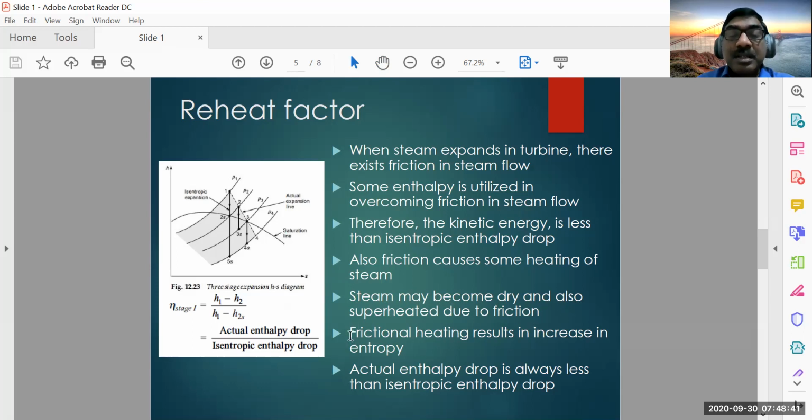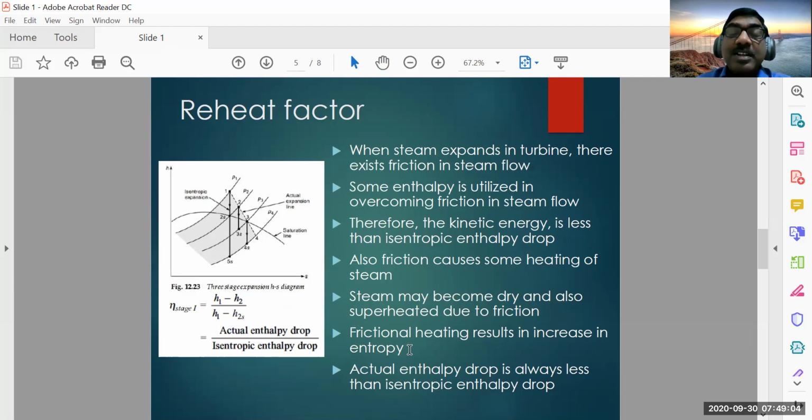So this frictional heating results in an increase in entropy. This is the important point. Always the entropy should be kept as minimum as possible. If there is an increase in entropy, that means there is an increase in non-usable energy.